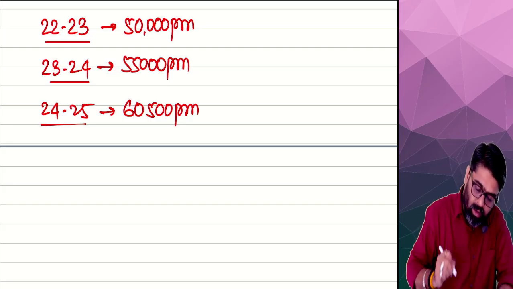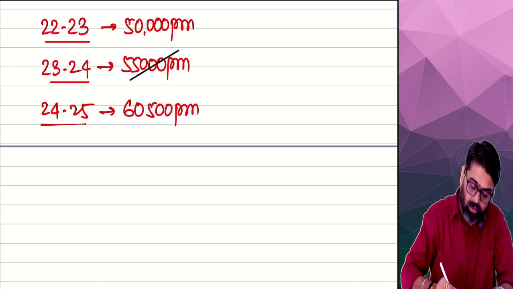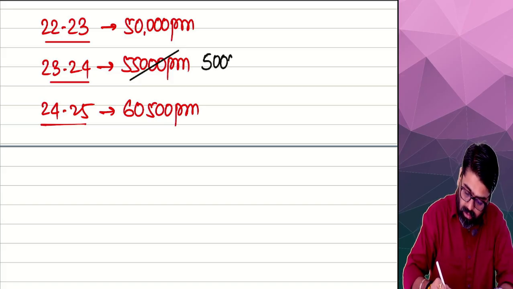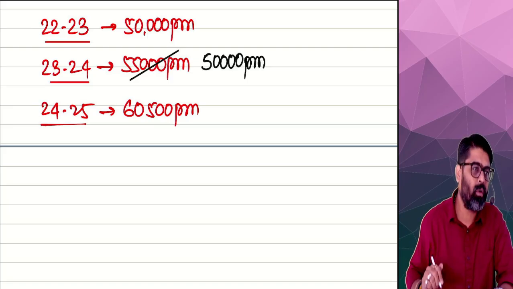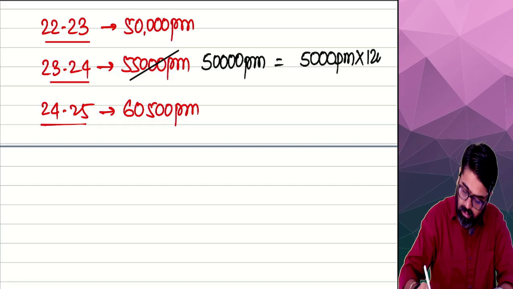So in this year, what happened? Instead of 55,000, which you were supposed to get, how much you got? 50,000 per month only you got. Yes or no? So how much less amount you got? 5,000 rupees less, for 12 months.